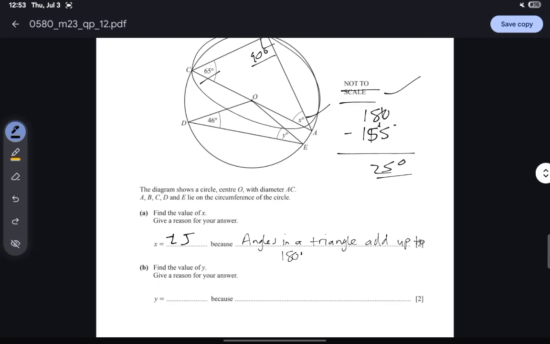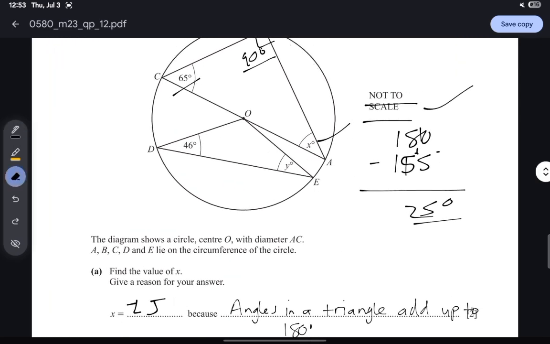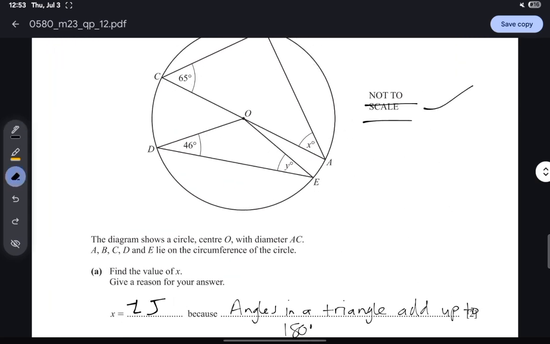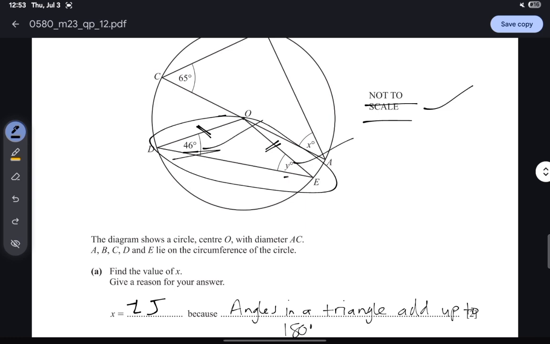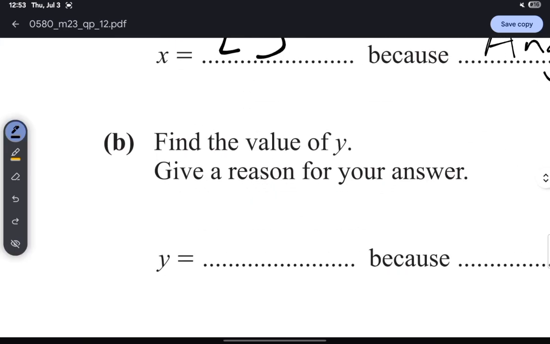Then find Y. If you look at Y now, this is a small triangle that is made up of 2 radii, right? This is the radius and this is the radius, and they are both equal, right? And we know that if these two sides are equal, this makes this triangle a what? An isosceles triangle, which has 2 equal base angles, meaning if this angle is 46, Y is also 46.